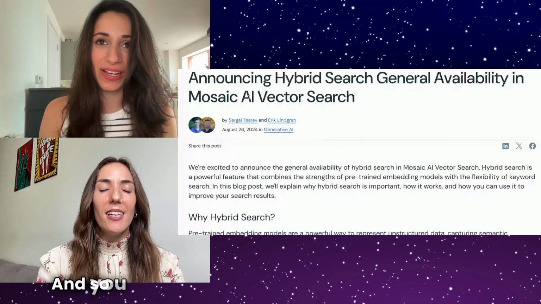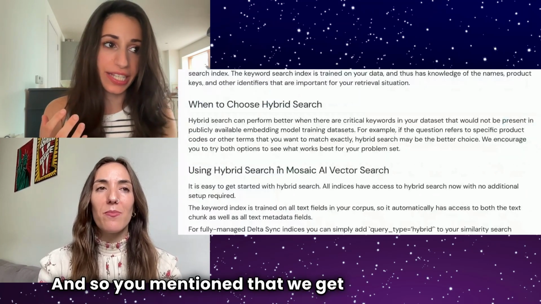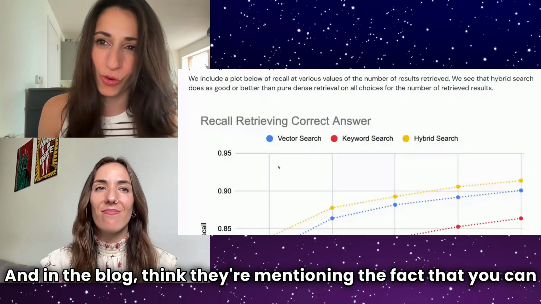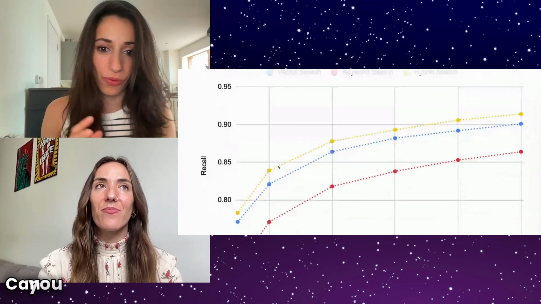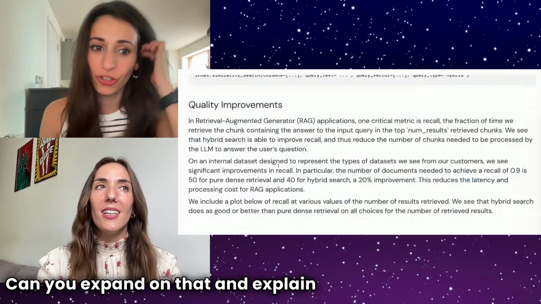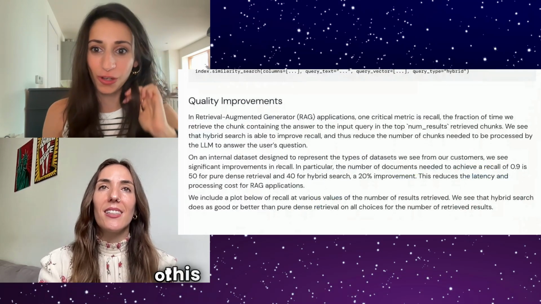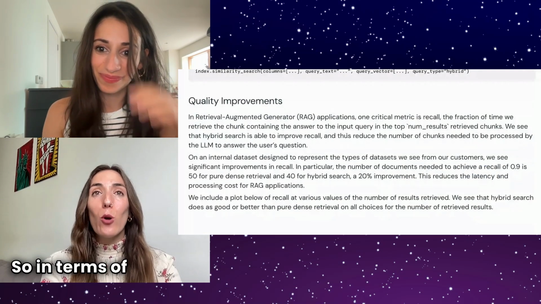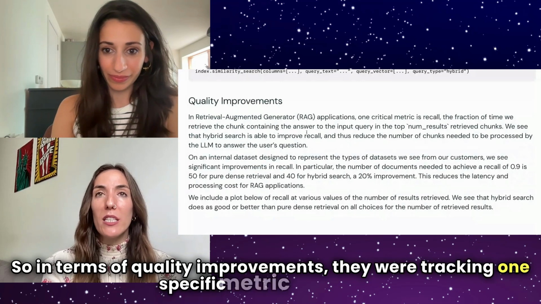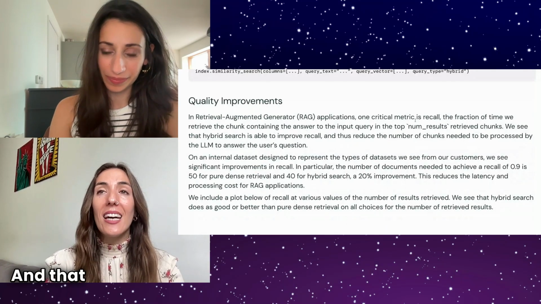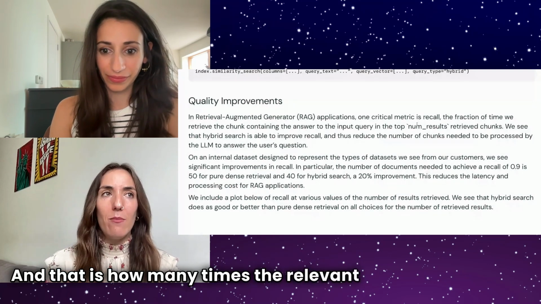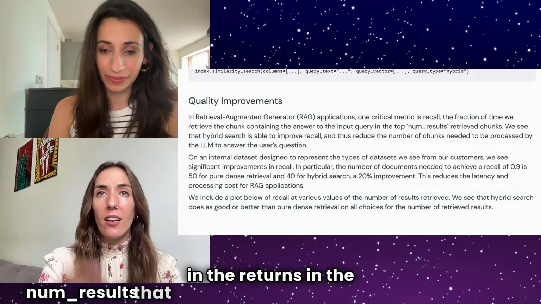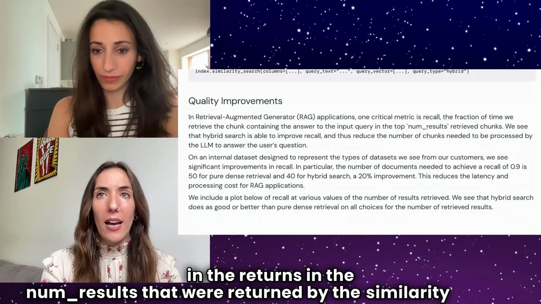Great. And so you mentioned that we get different results. And in the blog, I think they're mentioning the fact that you can get better quality. Can you expand on that and explain what are the conclusions of this blog post in terms of quality improvement? Yes. In terms of quality improvements, they were tracking one specific metric, and that is recall, and that is how many times the relevant chunk was actually retrieved in the results returned by the similarity search.